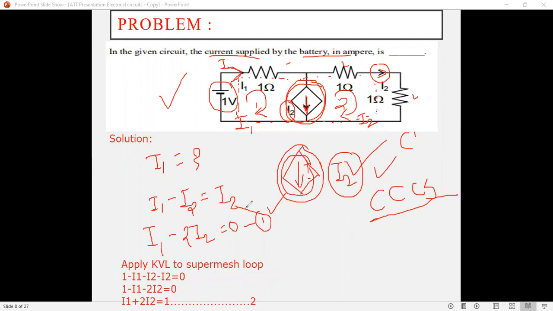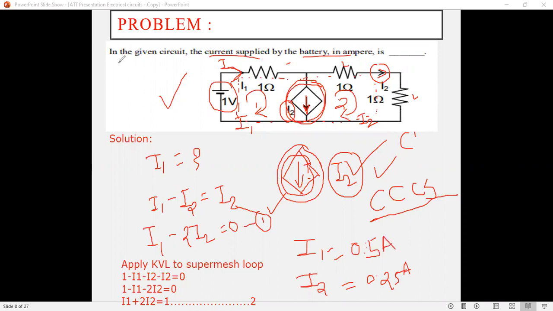I1 is equal to 0.5 ampere, I2 is equal to 0.25 ampere. Okay, so see, I1 is equal to 0.5 ampere and I2 is equal to 0.25 ampere.